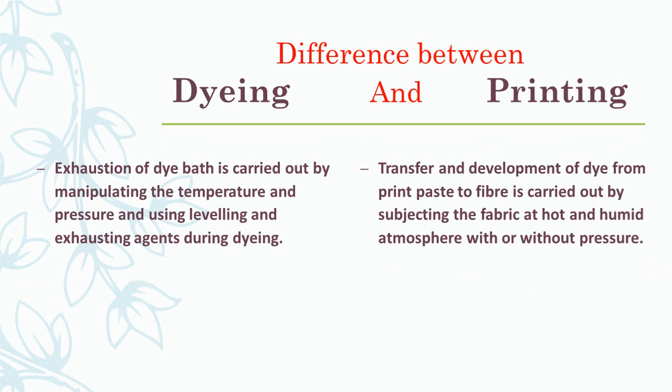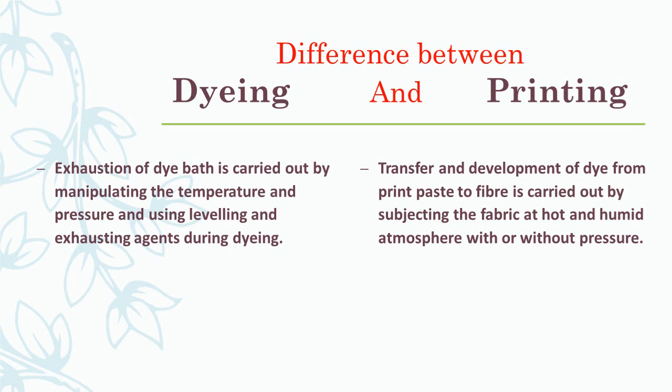The next difference in dyeing and printing is, now see, in case of dyeing we carry out exhaustion of dye bath by manipulating the temperature and pressure, and by using leveling and exhausting agents in dyeing. So exhaustion, this term must be known to you. I hope you understand it.